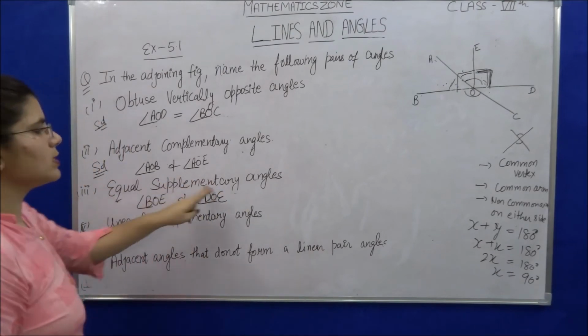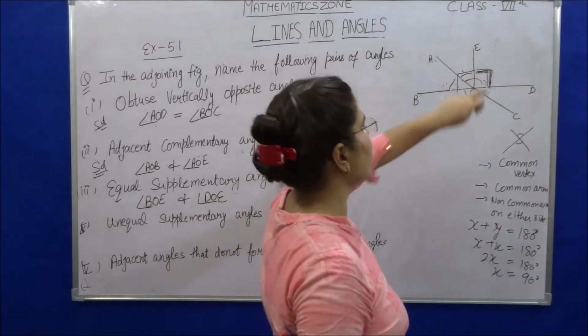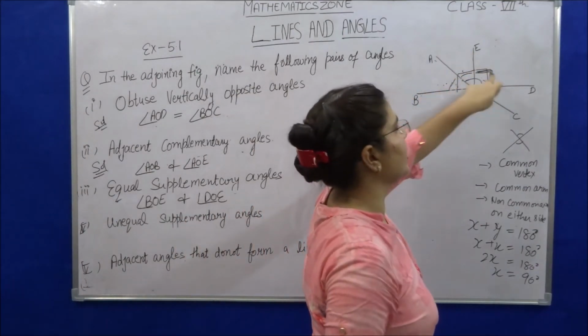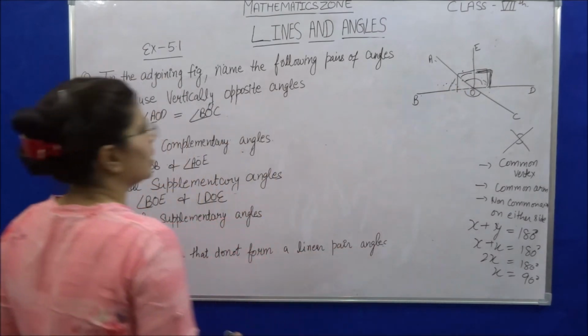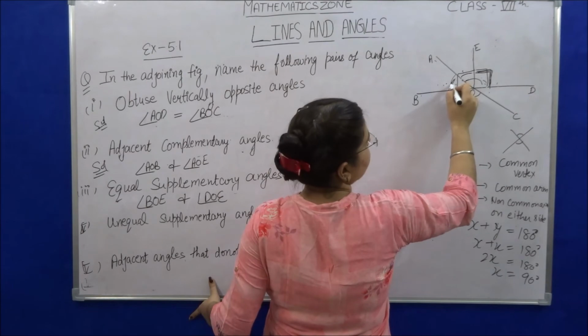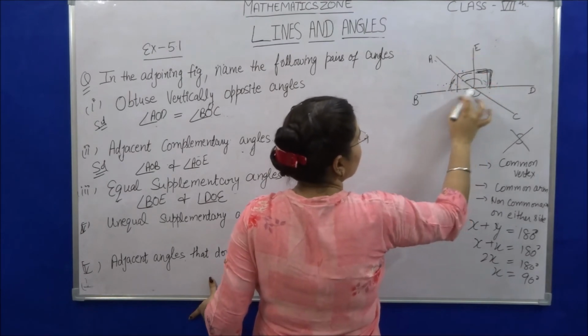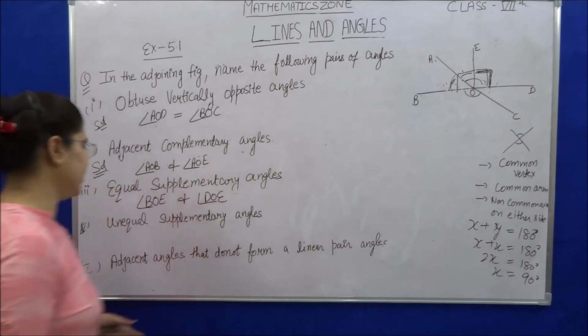These are equal supplementary angles because the sum of these two angles is 180 and each is 90 degrees. As this is a 90 degree angle and the total is 180, so 180 minus 90 will be angle EOB, which is 90 degrees.